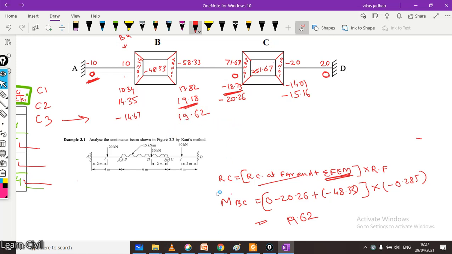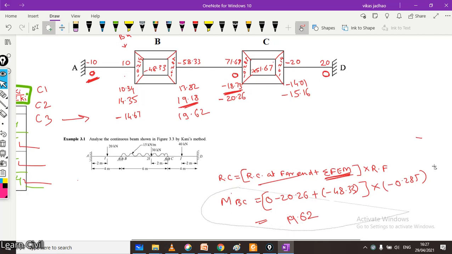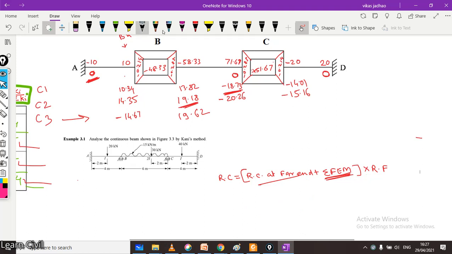Just write down this here, 19.62 like this. Okay, similarly we have to find out the rotation contribution for CB. M dash CB will be equal to the rotation contribution at far end, that is this 19.62.